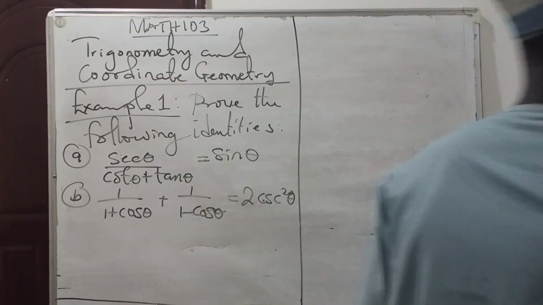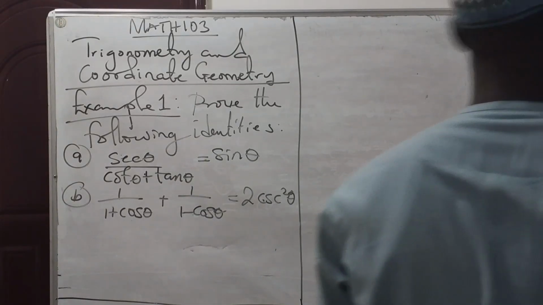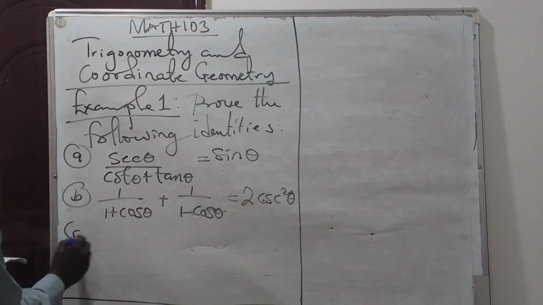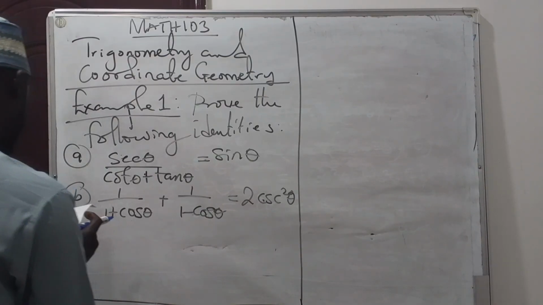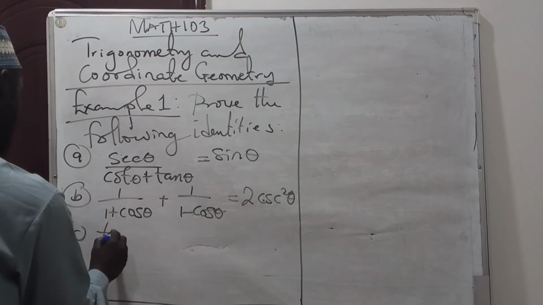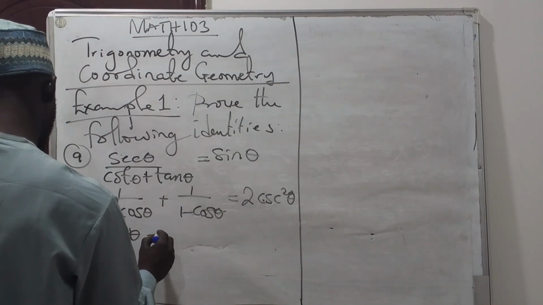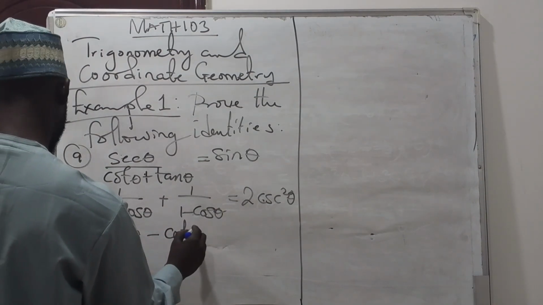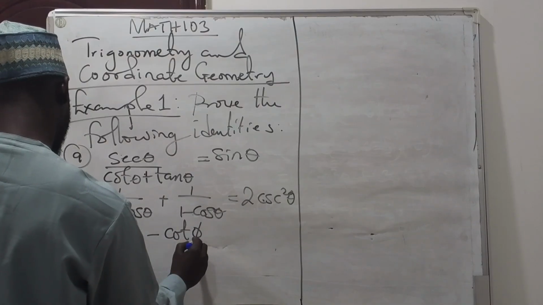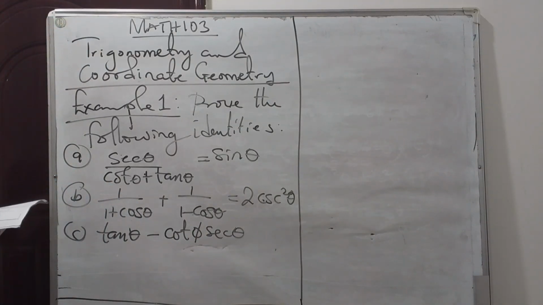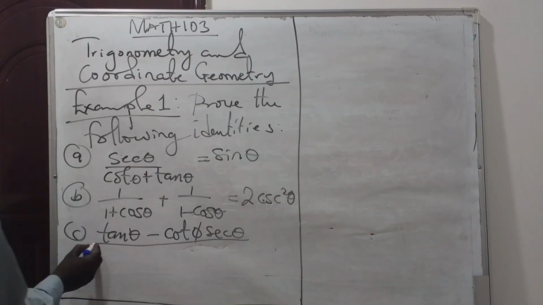Also, C, we have tan theta minus cot phi sec theta, all over tan phi minus cosec theta.